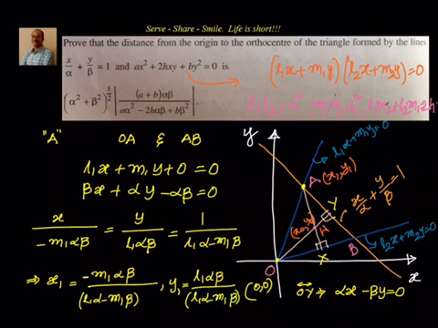This is my x1 and y1. Now once we know the coordinates of A, we know the equation of OB, so we should be able to find the equation of AX.